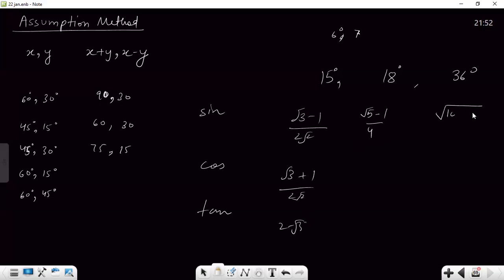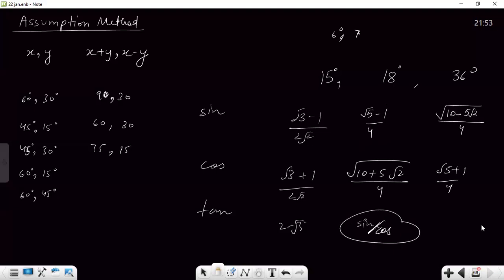Square root of 10 minus 2 root 5 divided by 4, square root of 10 plus 2 root 5 divided by 4, root 5 plus 1 divided by 4, and simply basically the division of sine and cos. Not actually important, that's why.